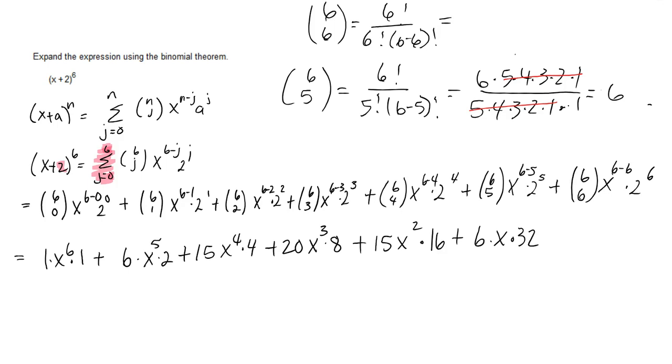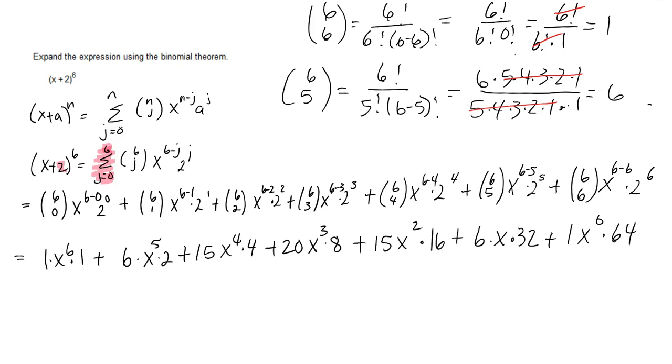And 6 minus 6 is 0 factorial. 0 factorial is 1. And we have 6 factorial over 6 factorial, so those will cancel, leaving me with 1. So we have 1 times x to the 0 times 64.